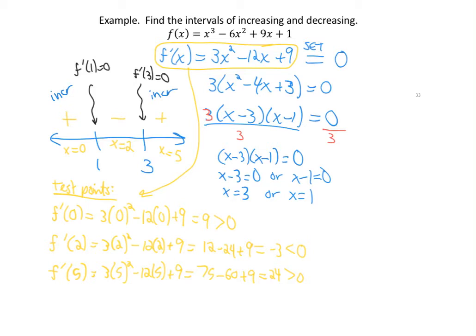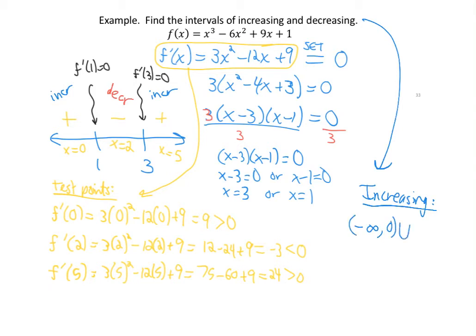It's decreasing when x is between 1 and 3. So our final answer is the function is increasing on negative infinity to 0 union 3 comma infinity.